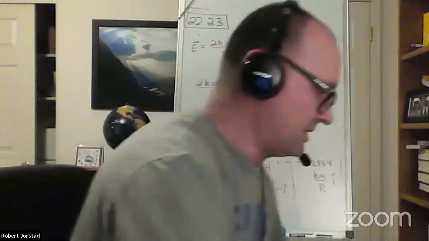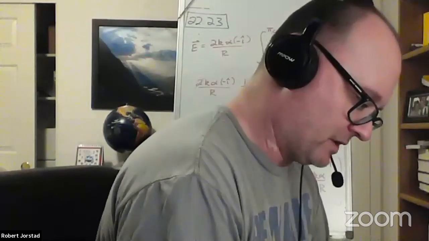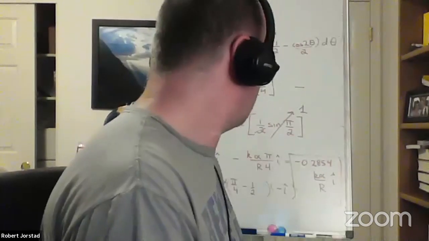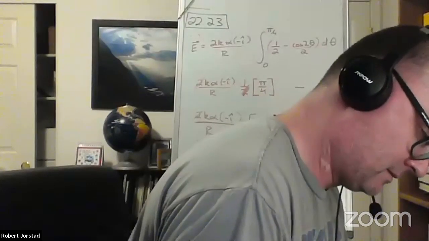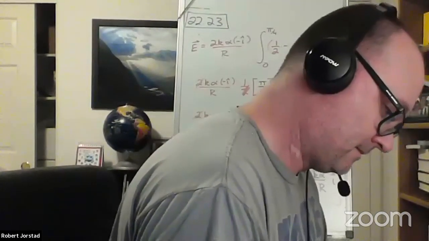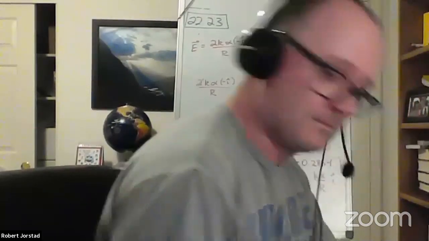If you did, you could just unmute and say yep or nope. That was 22.24. I can't believe I forgot to solve those. Negative. Let me just check it. Is anybody else getting that? Yeah, hopefully.